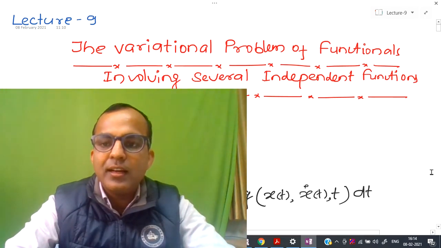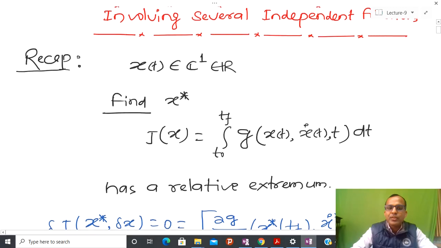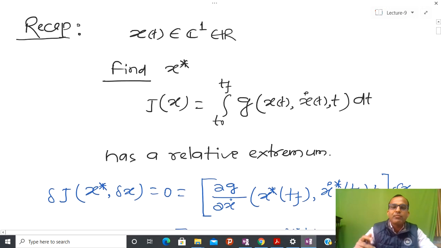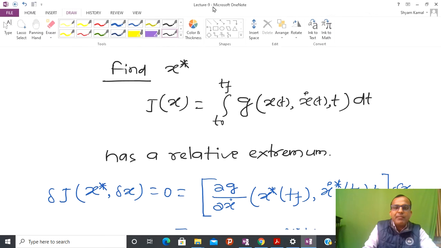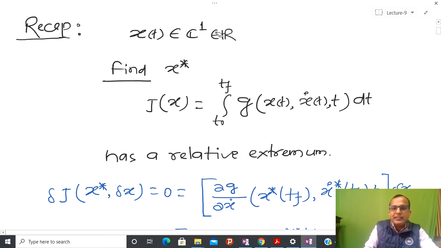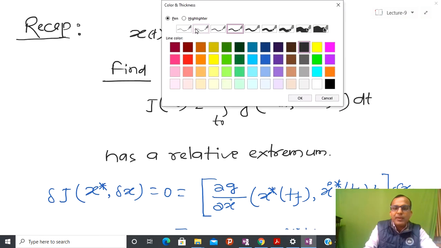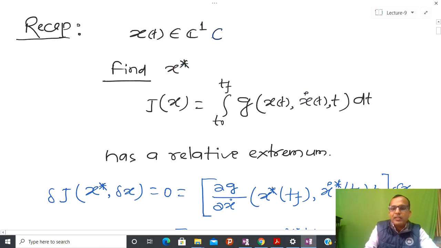So let us try to see the correlation. Till now, we have a function x(t), which is continuously differentiable, and we are assuming it is a subset of R, meaning it is a real-valued function.